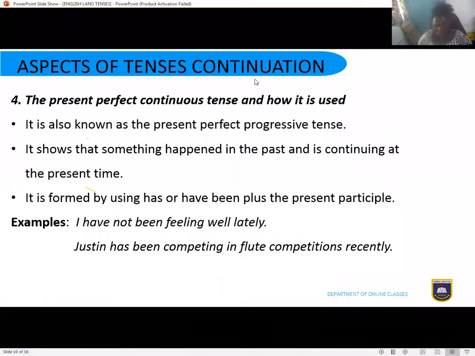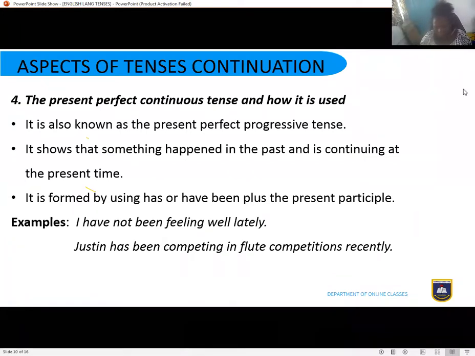So this sentence, Justin has been competing in flute competitions recently, means that in the past, Justin performed the action, and in the present time, it is still what? Continuing. It's still doing that. Is it clear, students? Very good.